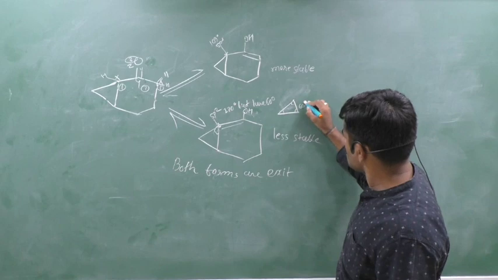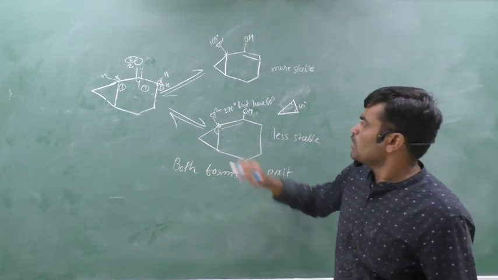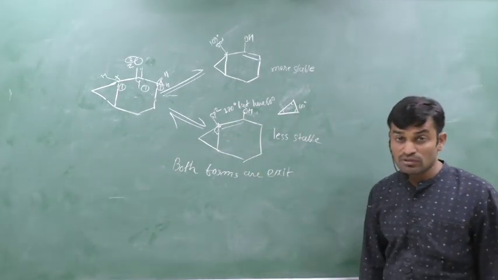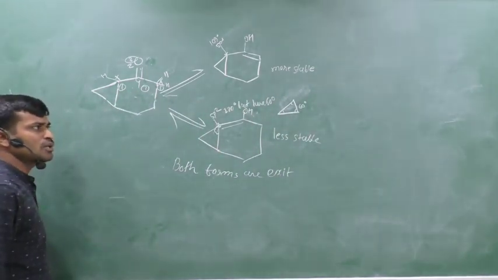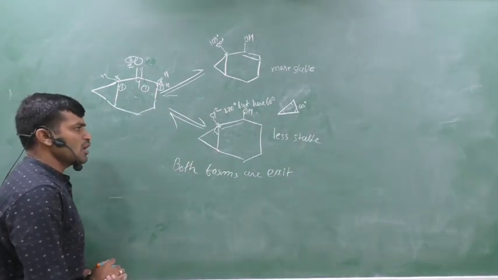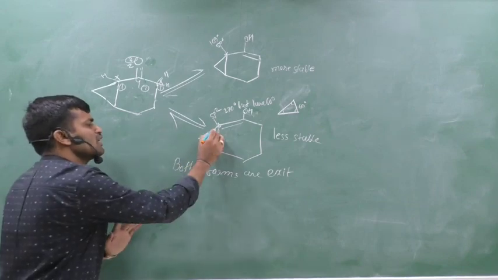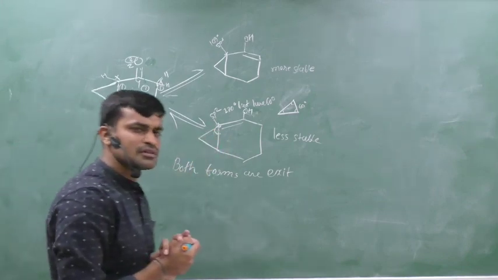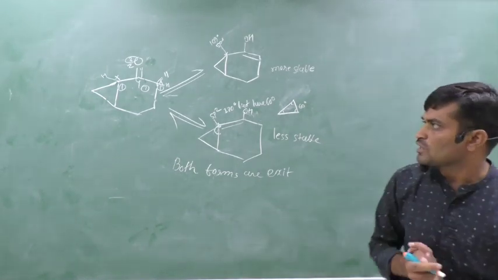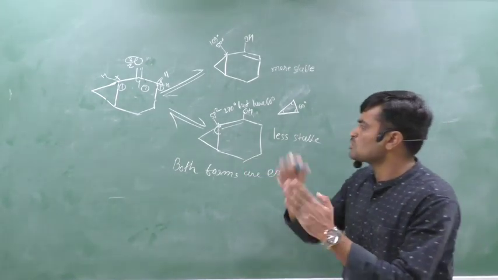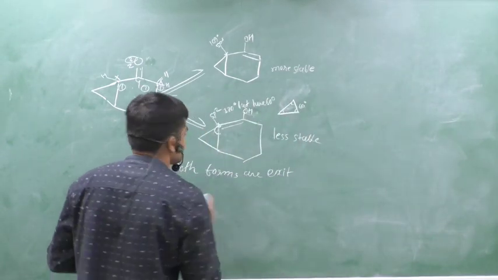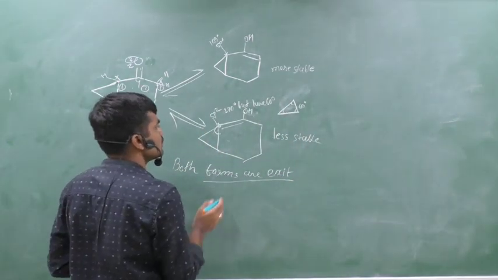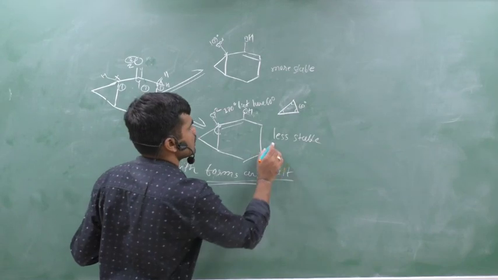These all are 60, 60, 60. આનો એંગલ હોવો જોઈએ 120 according to the sp2 hybridization, but it is now only and only 60. અત્યારે ફક્ત કેટલો છે 60, જેથી કરીને કહી શકશું કે હાફ છે. મોર સ્ટ્રેન હશે, મતલબ કે કમ્પાઉન્ડ લેસ સ્ટેબલ હશે, but this compound should be formed and exist.